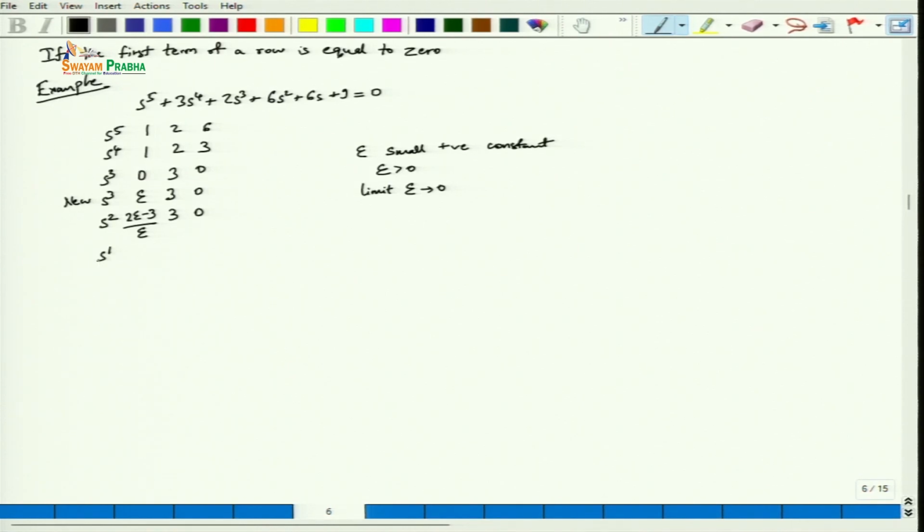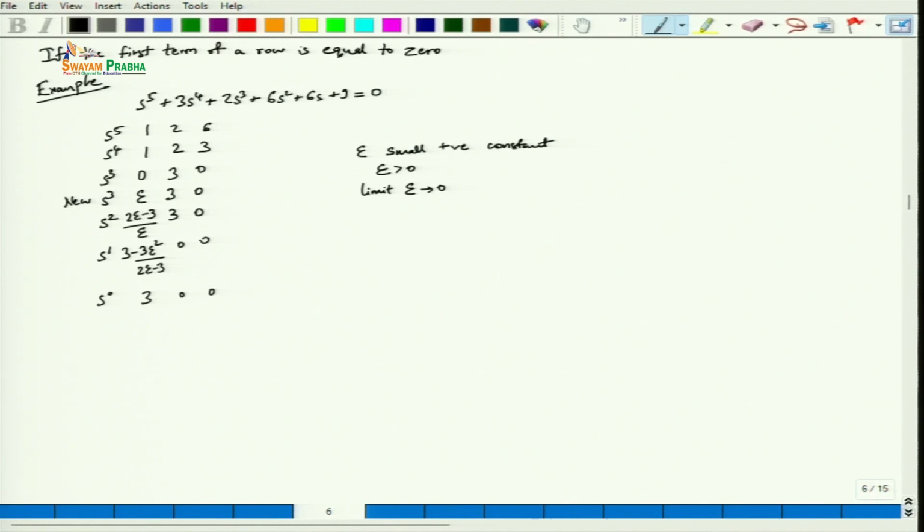Similarly for the s to the power 1 term we have 3 minus 3 epsilon square divided by 2 epsilon minus 3, 0, 0, and when we have s to the power 0 term we have 3, 0.